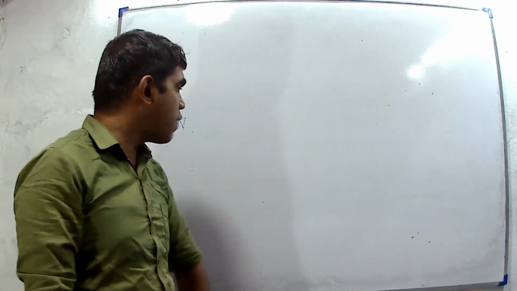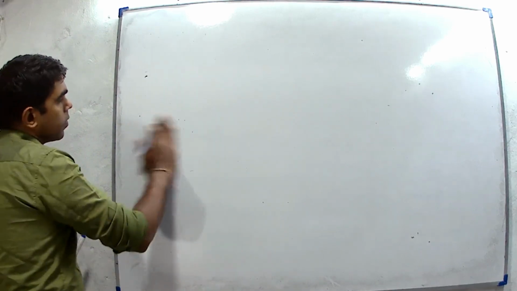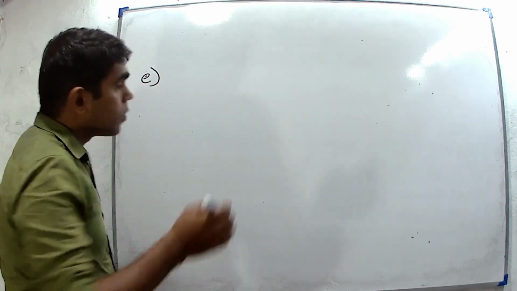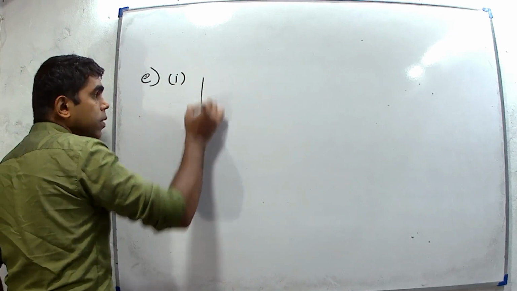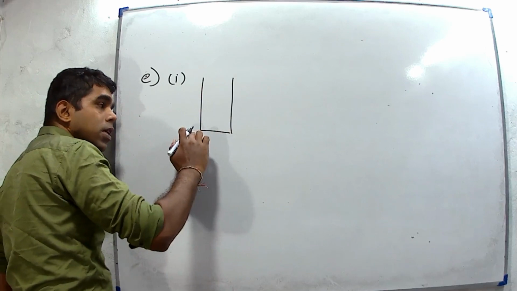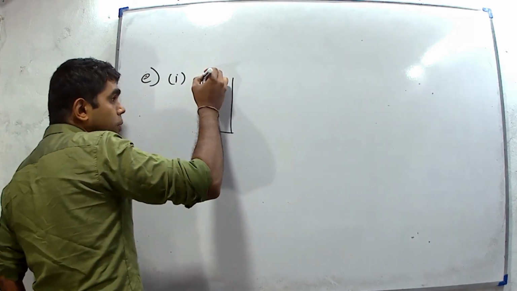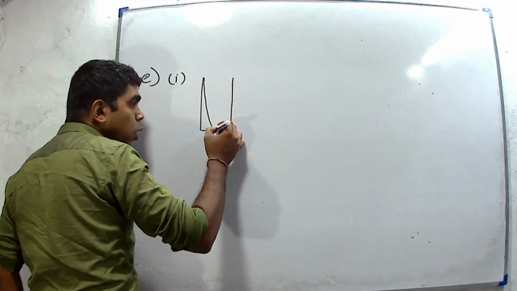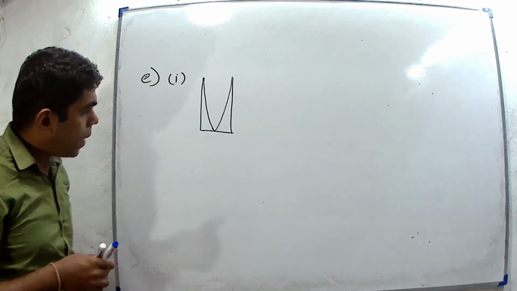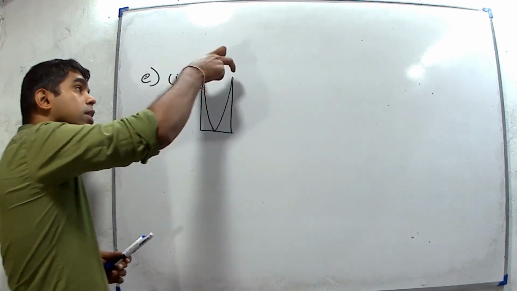First mode means it is fundamental. I will draw the wave pattern for the fundamental frequency. We know that it is acting as a closed tube because this end is touching the water. Therefore, it is a closed end. We have to draw a node for the closed end, and this is an open end.